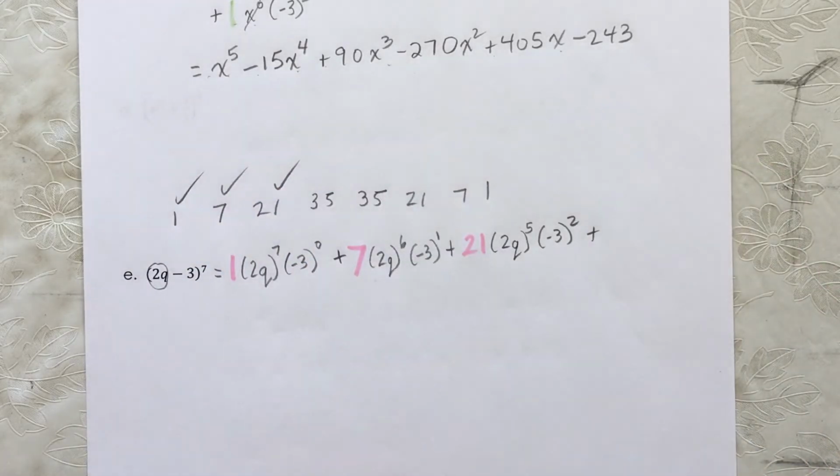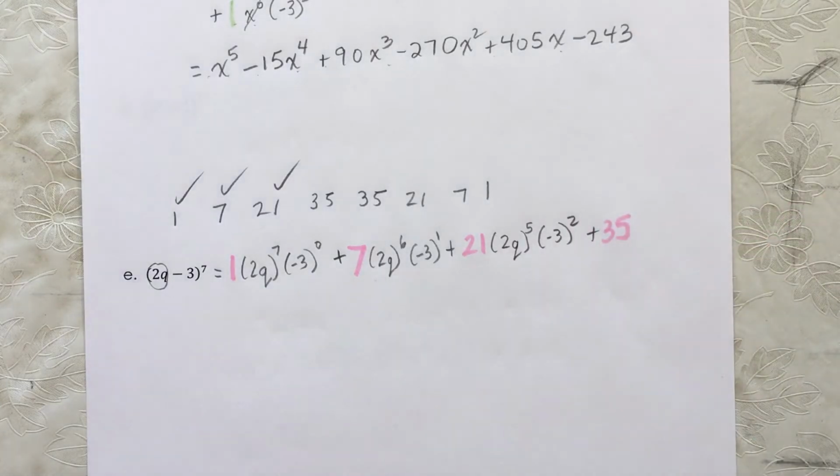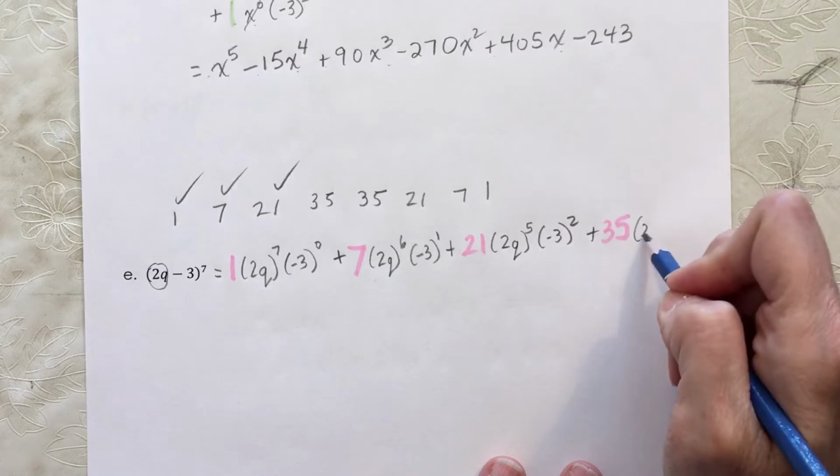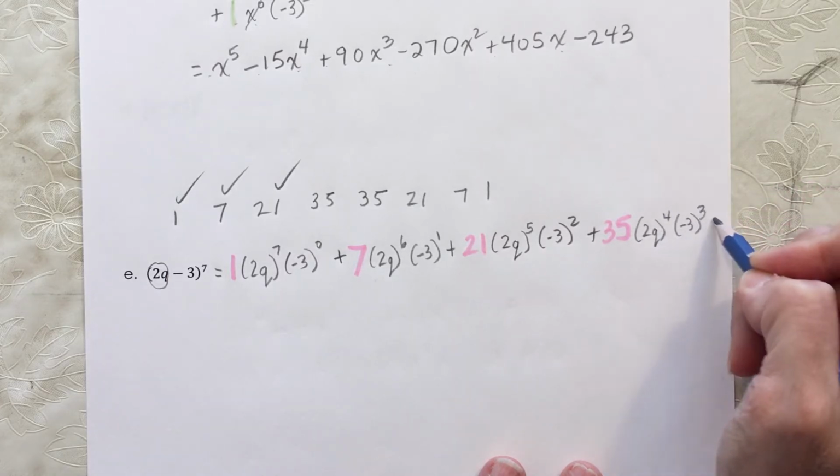So now I'm on to 35. 2q to the 4th, negative 3 to the 3rd.